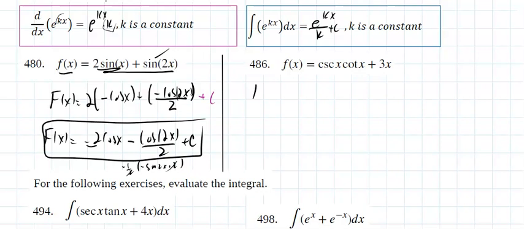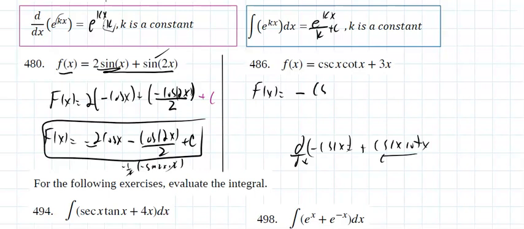Same deal here. If I want to figure out what f of x is, I know that derivative of cosecant of x is negative cosecant of x cotangent of x. So if I'm trying to work backwards, I simply divide by the negative. I'll say that is negative the cosecant of x plus the 3 I ignore. That's a power function. Add 1 to the power, divide by that, plus c.